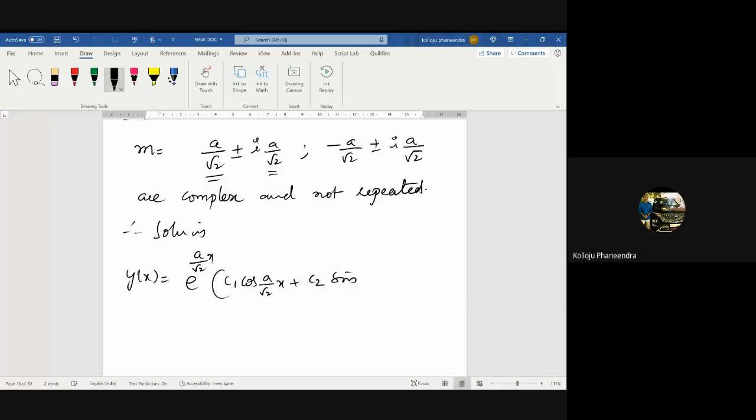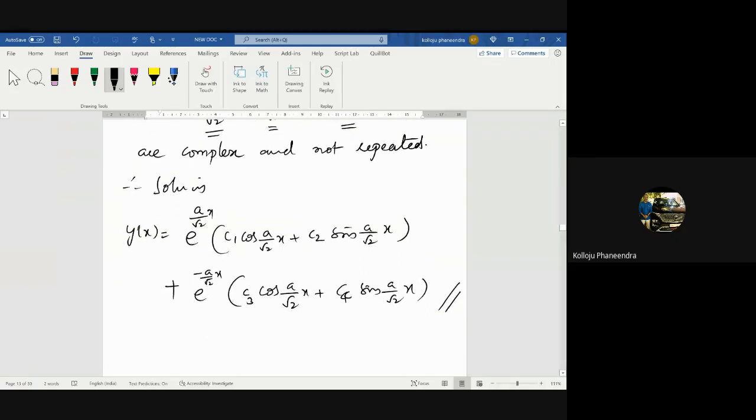Plus for the second case, real part e to the power of minus a by root 2 x, and c3 cos a by root 2 x plus c4 sin a by root 2 x. This is the solution.